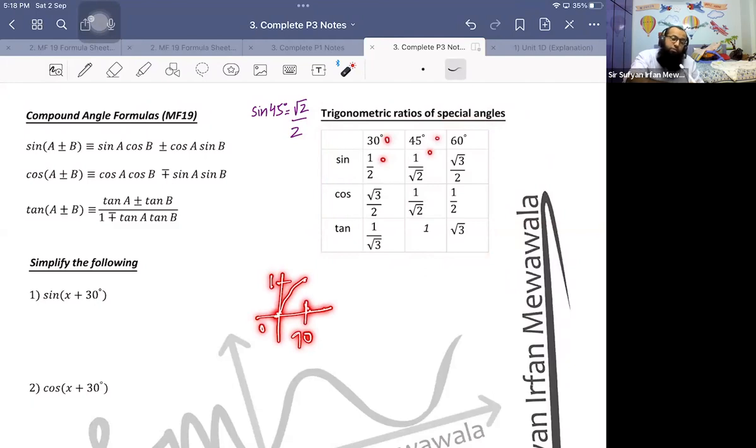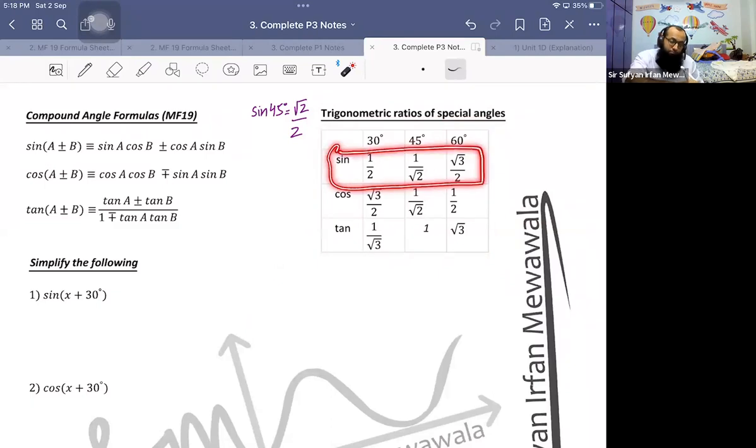At 45, it's 1 over root 2, which is 0.7 something. At 60, it's 0.866 something. So it keeps on increasing. So even if you remember this one single line, then we can remember the entire table. Sine 30 is half, sine 45 is 1 over root 2, and sine 60 is root 3 over 2.